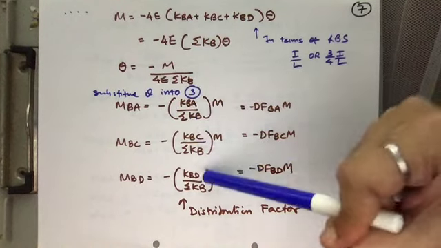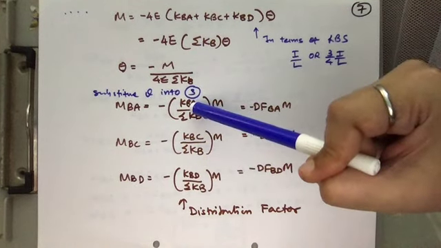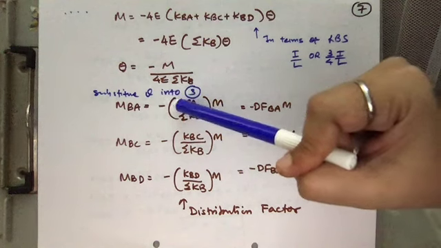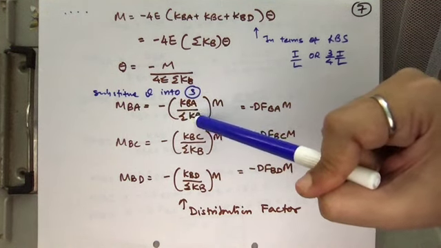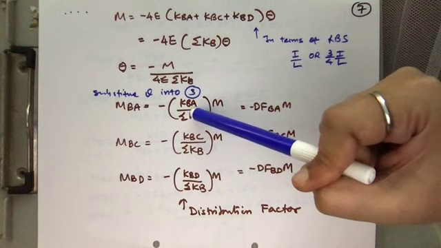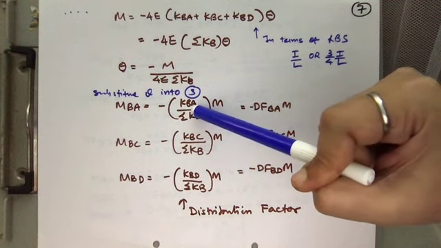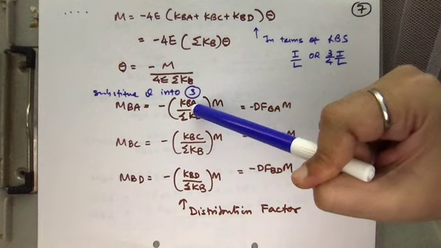So this is called the distribution factor, and it is nothing but the relative bending stiffness of that member divided by the total relative bending stiffness, the summation of all the members merging at that joint.